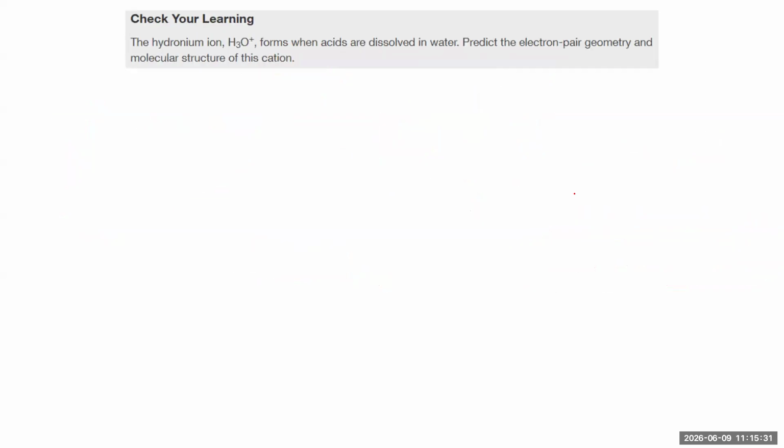All right, let's continue. Let's do another one. Hydronium ion, H3O plus. So we have hydrogen, hydrogen, hydrogen, and an oxygen. 1, 1, 1, and 6. That plus means we subtract 1. So it only is 8 electrons. We're going to draw H3O symmetrically. H, H, H. 8 electrons. 1, 2, 3, 4, 5, 6, 7, 8.